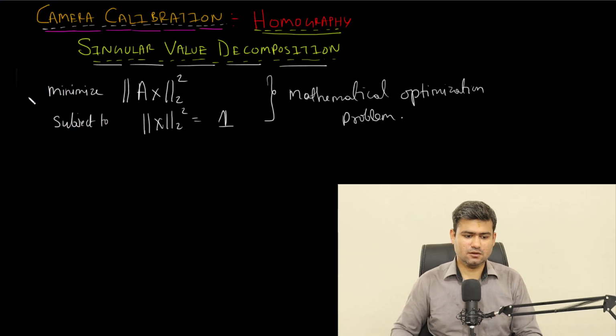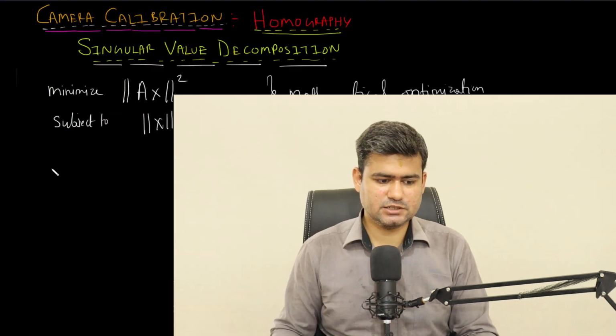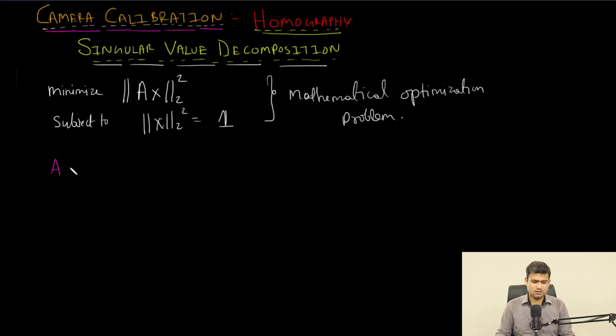We will discuss how we can use a singular value decomposition to solve the following mathematical optimization problem, and then we will come back to the homography to compute the camera matrix K. Here we assume that the matrix A is of dimension m cross n, so it's an m cross n real matrix, where m is greater than or equal to n, and x is an n-dimensional real vector.